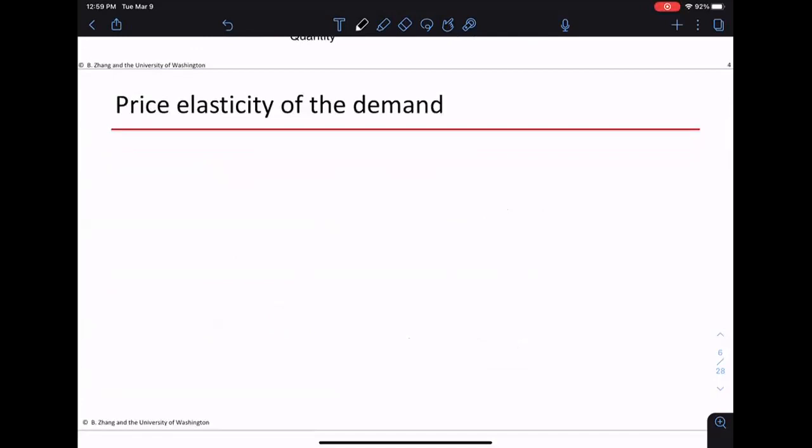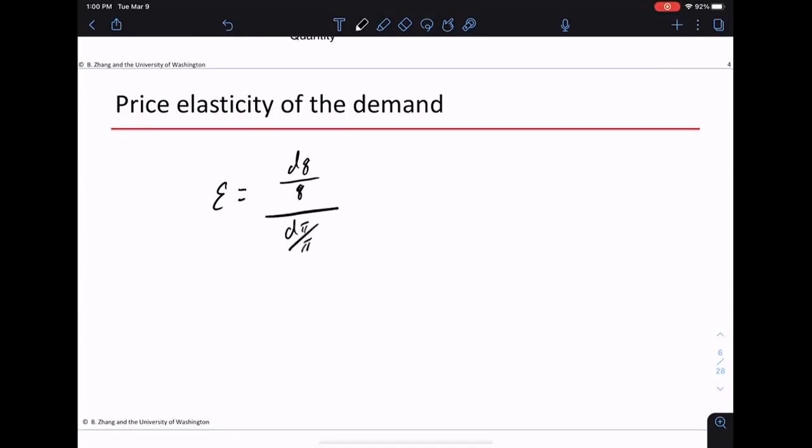All right, so price elasticity of demand has a mathematical formula. This is really a generalization, and we're not going to use it very much. It's called epsilon for elasticity, and it's basically the rate of change in quantity at a point, divided by the rate of change in price.